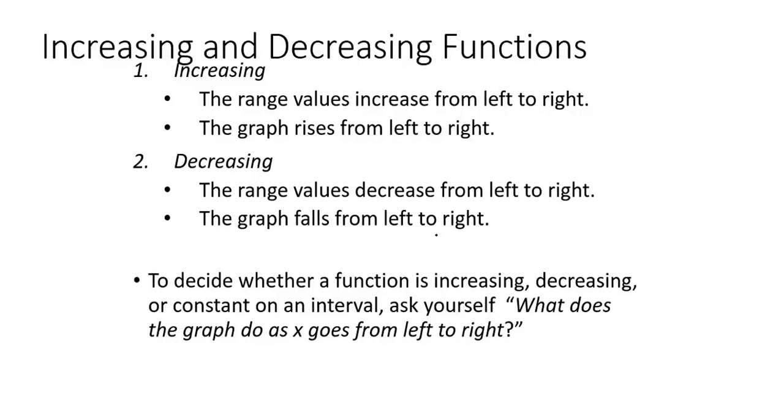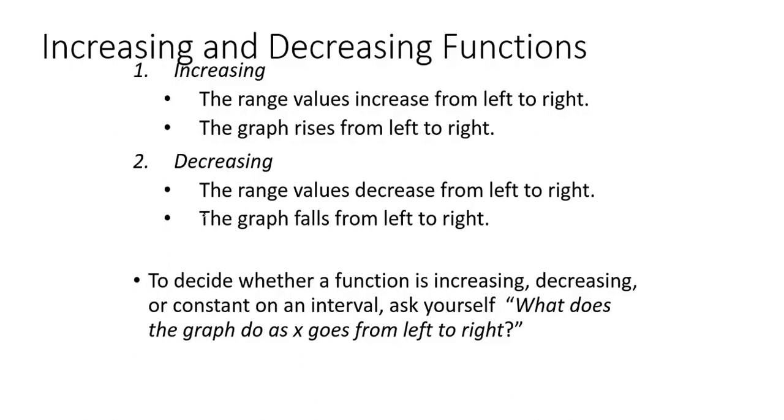The range value increases from left to right when the function is increasing. The graph rises from left to right. It is decreasing if you go from left to right going down, and constant would be if there's no change there.